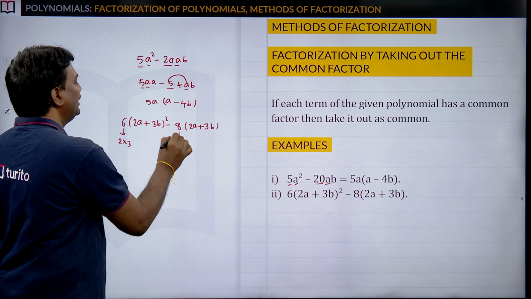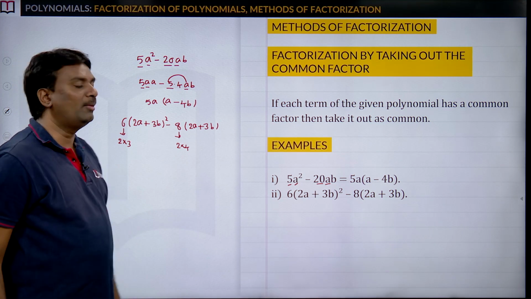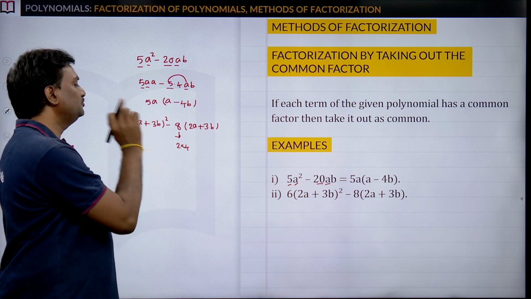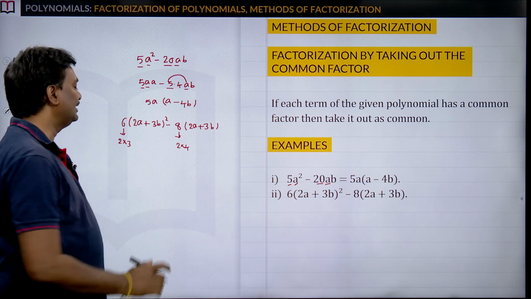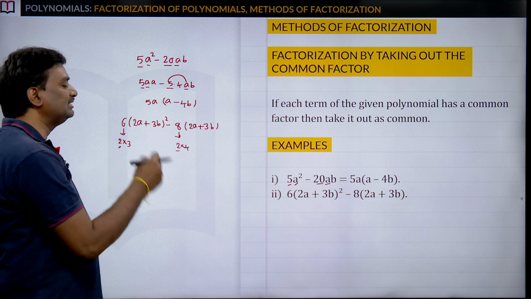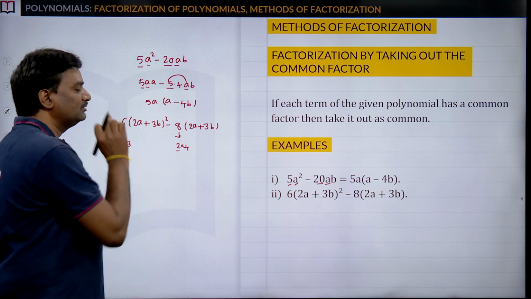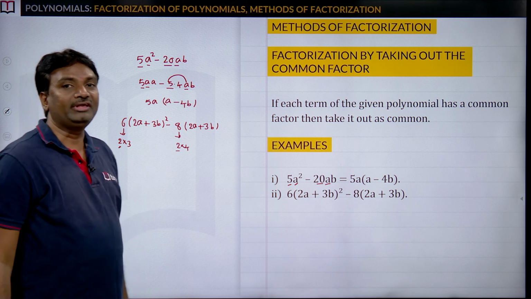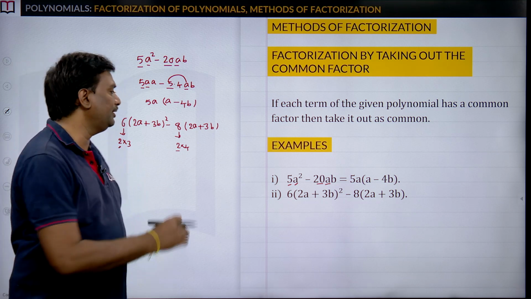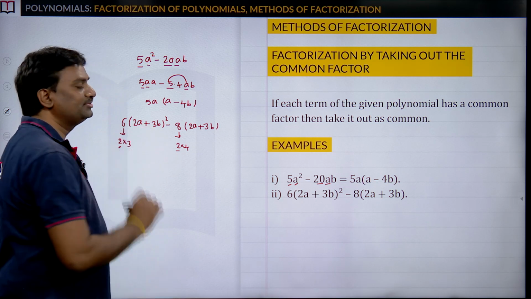Here 8 can be written as 2 into 4. Can you say what is the common factor for 2 into 3 and 2 into 4? Clearly that is 2. So, 2 is common for both 6 and 8. First look at the numericals, where the numericals are 6 and 8. We can write 6 as 2 into 3 and we can write 8 as 2 into 4. So, clearly 2 is the common factor.